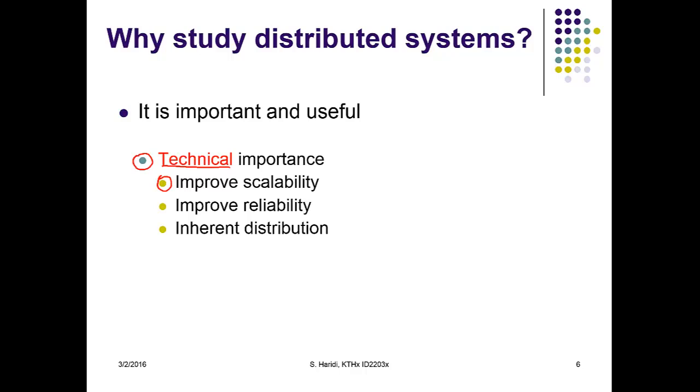You cannot do that on a single computer. You have to use a large number of machines connected together to do the task. Reliability is another issue, where you would like to replicate the same service on multiple machines, so if some fail, the others will carry on.